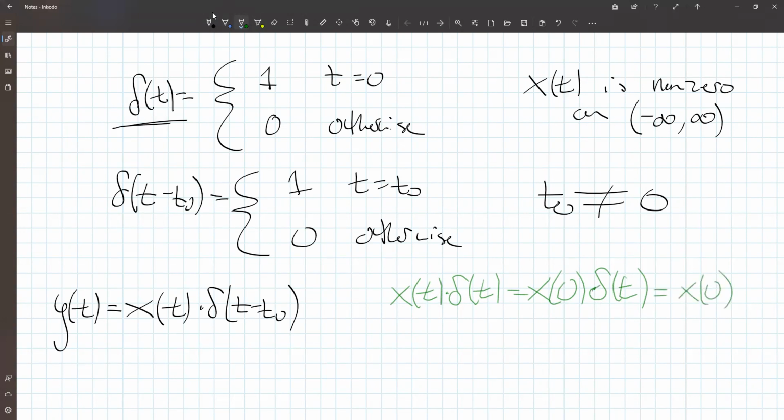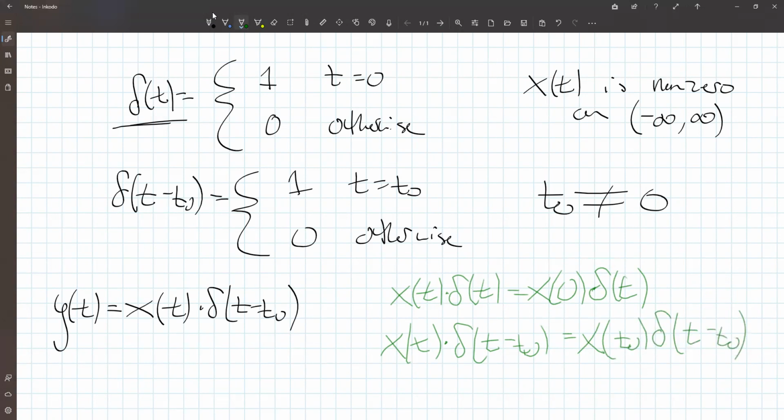It's kind of the same thing because we know that this is only going to be on at the 0. If you wanted to write it like that, then it's like writing a piecewise function; I'd have to put my bounds in there. This delta of t just gives us a shorthand to not have to write the piecewise. And then the other one is that x of t times delta of t minus t naught is going to be equal to x of t naught times delta of t minus t naught. So this is the sampling property.